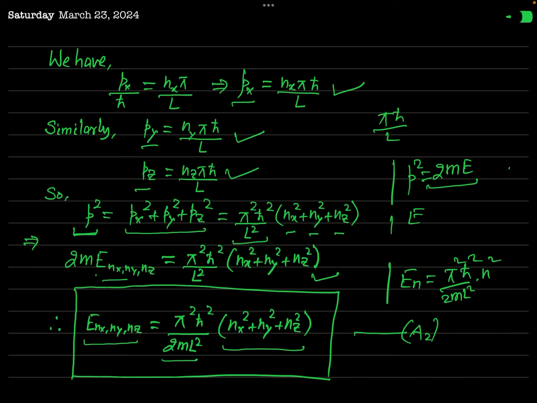But here in place of n square there is nx square plus ny square plus nz square. Since nx, ny, nz have discrete values, you can see that in this case too, the energy eigenvalue of the electron will be discrete. It means the energy of the electron inside this three-dimensional potential box does not have continuous values, but discontinuous or discrete values.